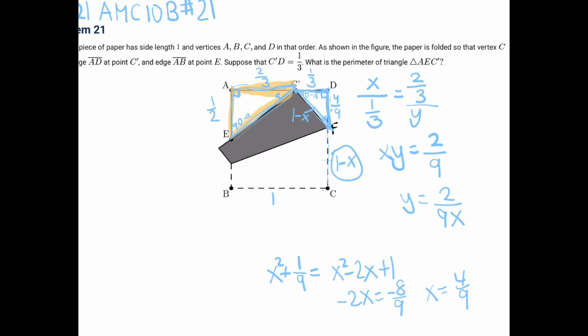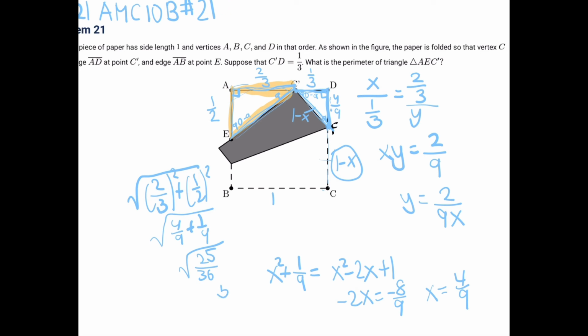So EC prime equals the square root of 2/3 squared plus 1/2 squared, which is the square root of 4 over 9 plus 1 over 4, which is 25 over 36, the square root of 25 over 36, which is 5 over 6. So now we know that EC prime equals 5 over 6, and we can add these three sides together to get the perimeter of triangle AEC prime.